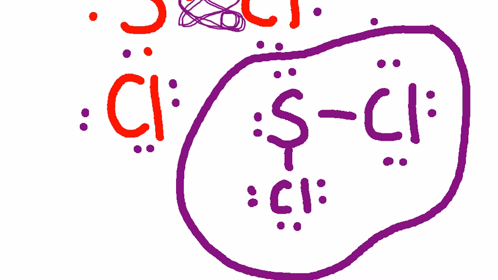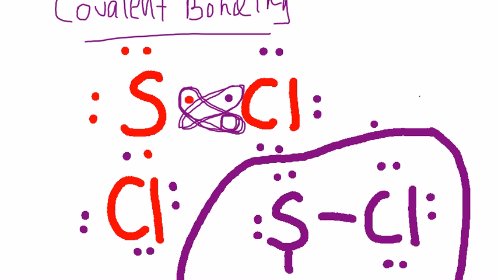Let's review what this looks like up above. When we count each electron in the bond twice, we get to 8. 1, 2, 3, 4, 5, 6 for chlorine, 7, and then 8 with sulfur. 1, 2, 3, 4, 5, 6.